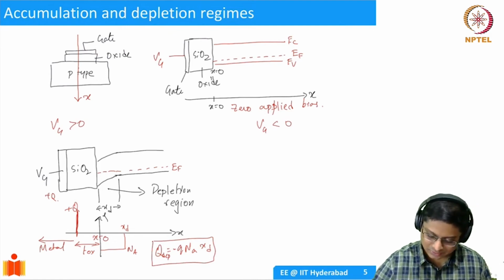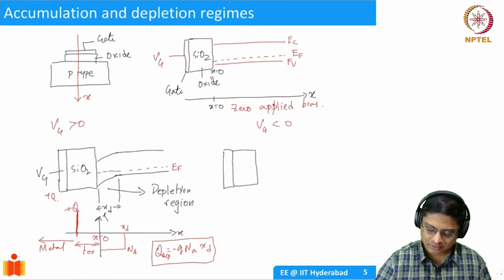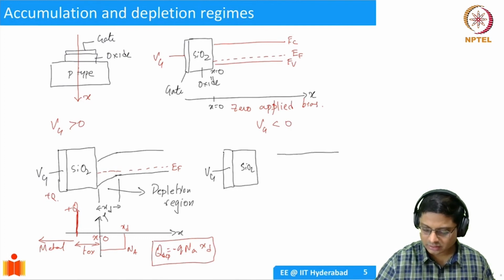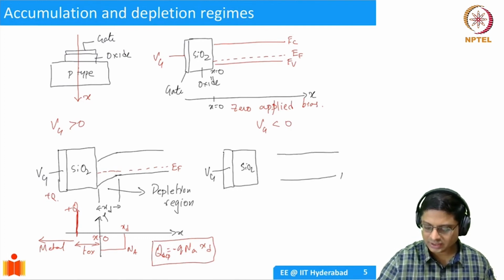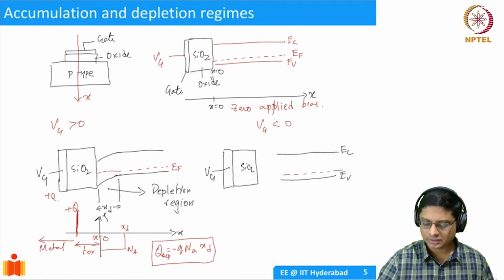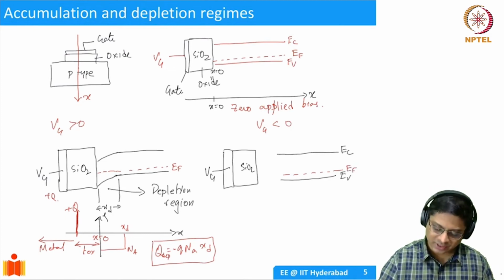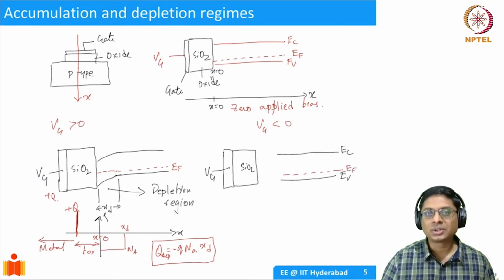I will just draw oxide, SiO2 and gate VG, and then let's say there is Fermi level here, EV and then EC, and there is an EF. Okay. So now, since we applied a negative voltage, VG is less than 0, it should have more holes at the interface, right? Accumulation.